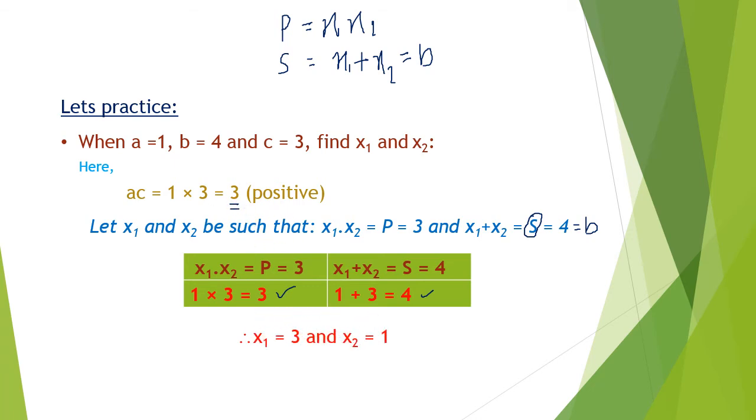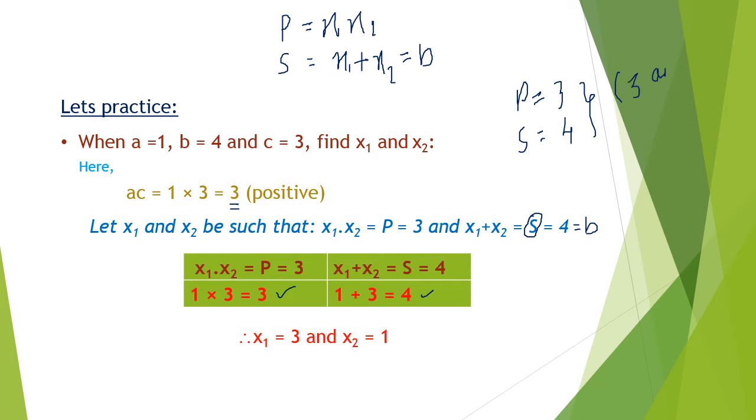We have to find two numbers whose product is 3 and sum is 4, and our two numbers are 3 and 1, isn't it?